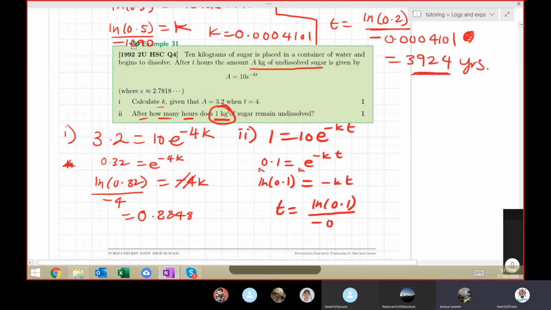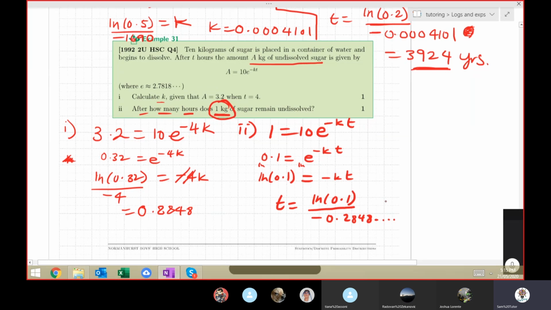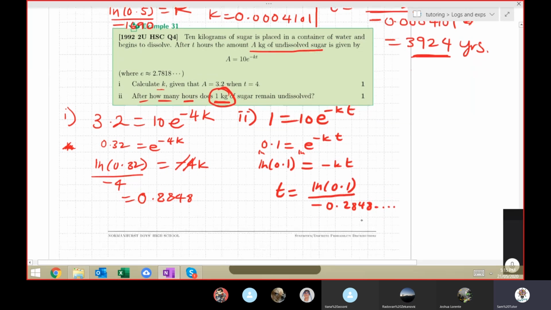So negative k, which is 0.2848 and so on. Because on my calculator I've still got k in, it's 0.28485855708. All I'm going to do is go log 0.1, close bracket, divided by negative answer. So you write this, but you use your full k value. And I got t is 8.0832 and so on.